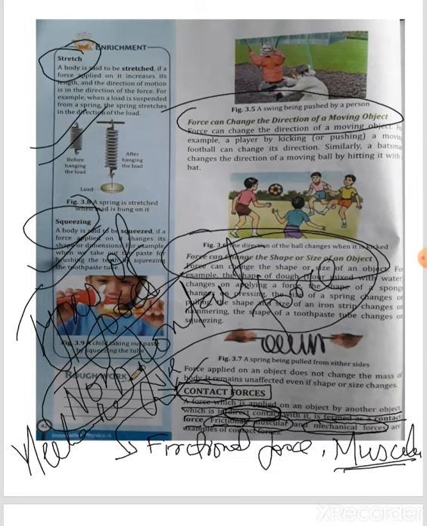So these are the three types of contact force. You can underline this entire paragraph, these 4 lines. So now we know what is a contact force. A contact force is a force which is acting on one object by another object, which are actually in physical touch. Actually they are in contact with each other. Such kind of force is called contact force.